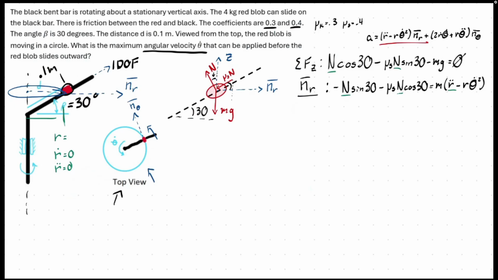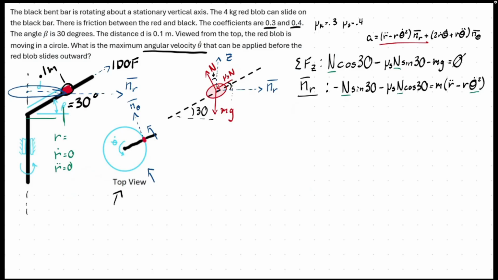So this whole problem hinges on the fact that we haven't started moving yet. So our r dot term is also known; we can just assume that to be 0. And then r is given, and theta dot is what we're looking for. So we have two equations with two variables, because we're only missing theta dot and n, and we can actually solve it now.